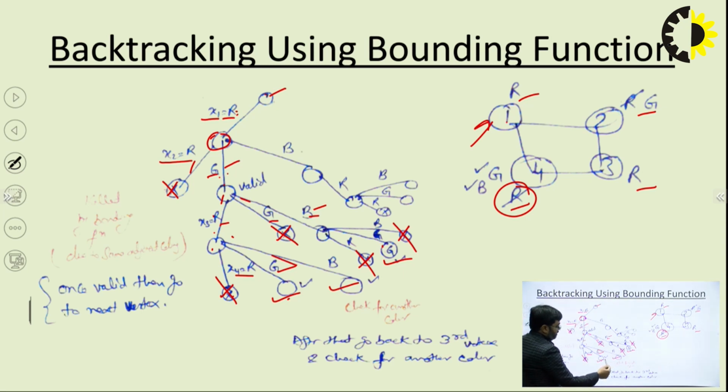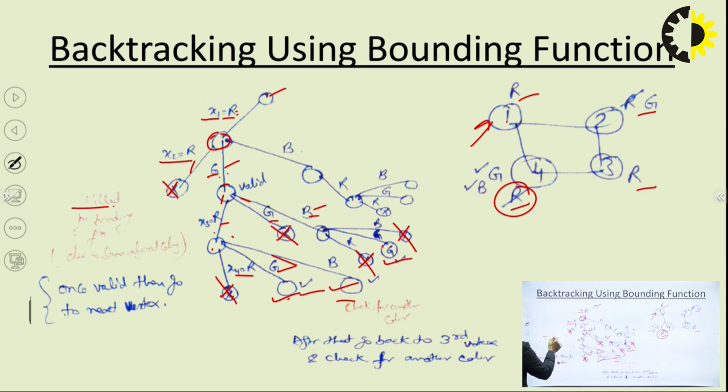If we had 2 valid paths, again we go to the parent node, then we try to find this path and this is invalid. Again we go to the parent node, then we try to find this path. It means we go to some decision node where a decision can be taken or not, then we go to the parent node and search all possibilities with the bounding function or the given condition. It means we are backtracking in the state space tree for all possible options.